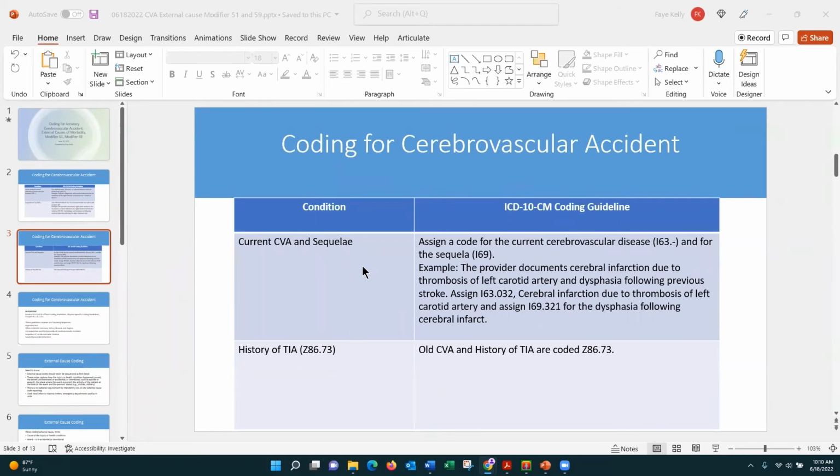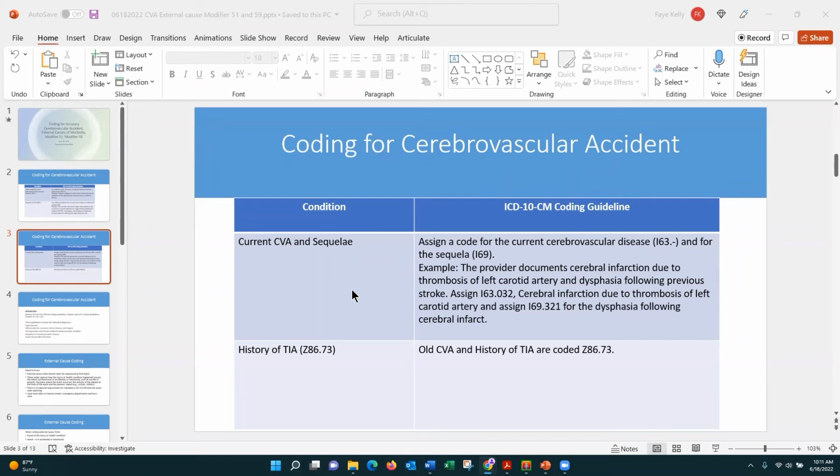Let's talk about when the patient comes in the ED. A lot of these are just not going to be physician office. But if you're an emergency room coder, that patient comes in, he has a current cerebrovascular accident, and he also has a sequela of a previous one. You're going to have a code from your I-63 and your I-69 category. Example, the provider documents cerebral infarction due to thrombosis of left carotid artery and dysphagia following a previous stroke.